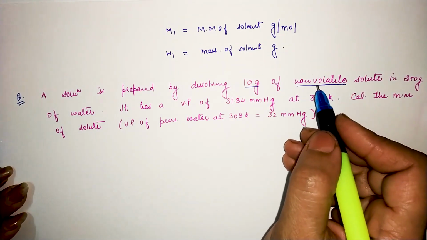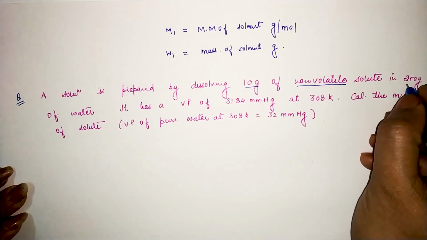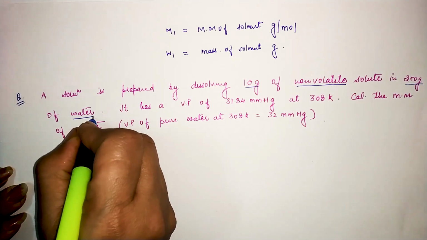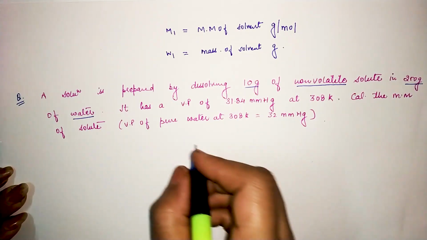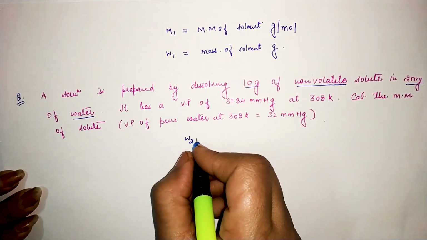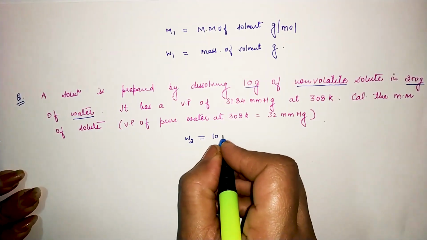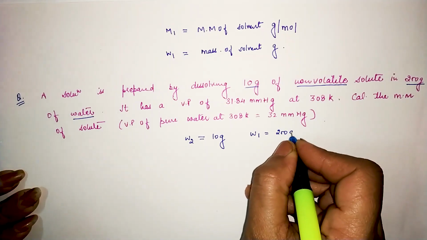Non-volatile means it is not undergoing any association or dissociation. In 200 gram of water, our solvent is water whose mass is 200. So if I write in the form of the equation, W2 is given as 10 gram. W1 is given as 200 gram.